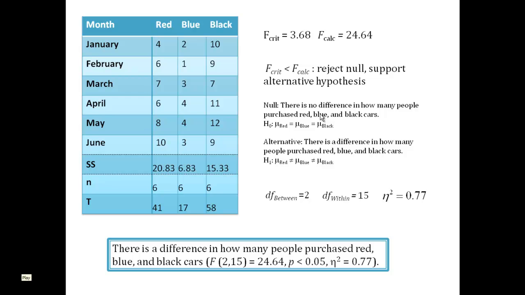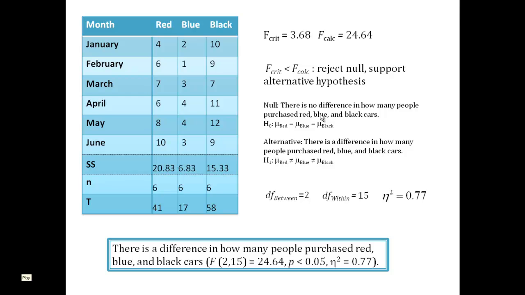Then you report the actual calculated value of F. You say whether p is greater than or less than 0.05, and in our case, because our critical value of F is smaller than our calculated value of F, we know that p is smaller than 0.05, so it's significant. And we also give a measure of effect size, which is eta squared.